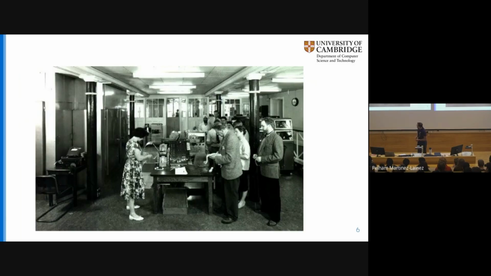What you see on the right-hand side is a whole queue of scientists, because they were the ones who obviously wanted to use this compute power. And you can see at the front here, a chap who has a piece of paper sort of just unfurling onto the table. That piece of paper is a whole series of punched holes, which is the program and the output and the input for the computer, for EDSAC.